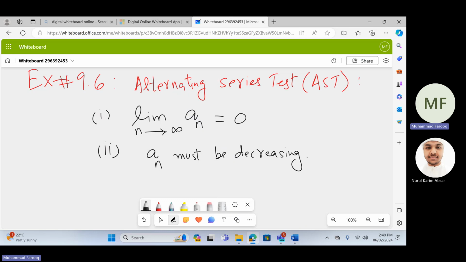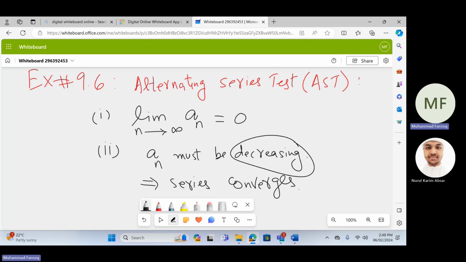If both of them are justified, then the series converges. And how do we check decreasing? We do the first derivative test. Yes, you are right.